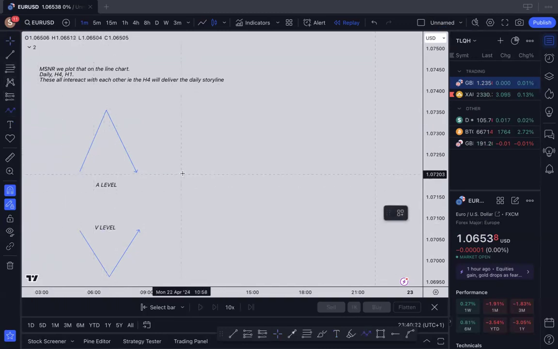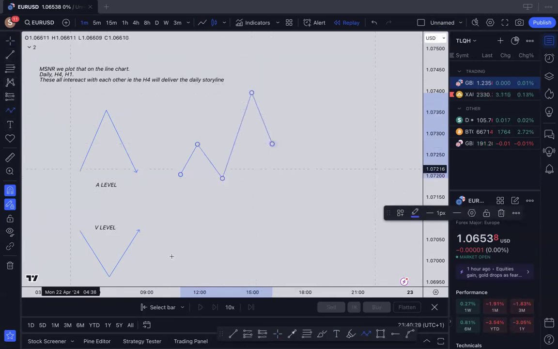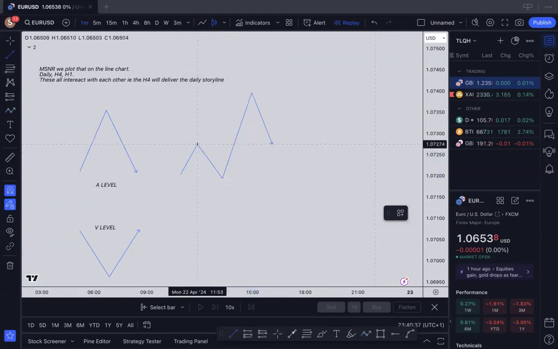The next one is the A-to-flip level. How does this play out? We'll be coming up, we've got a normal level, and then we will close through the level right here on that time frame, and then we should expect it to be retested from the other side. So this is the A-to-flip level.